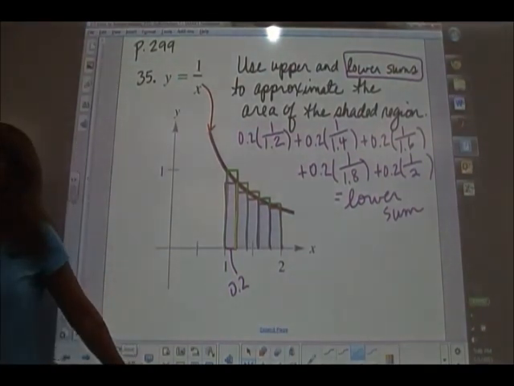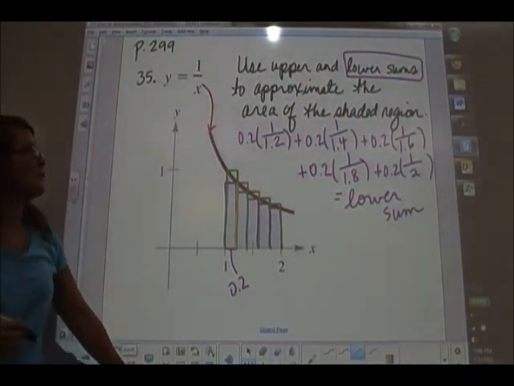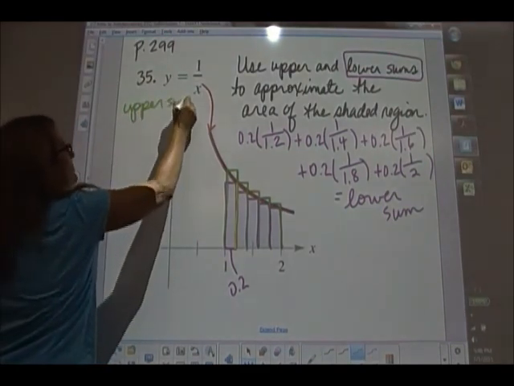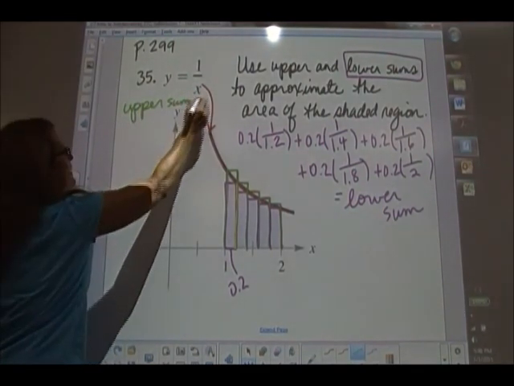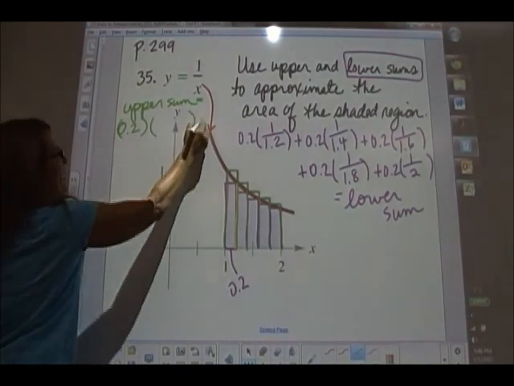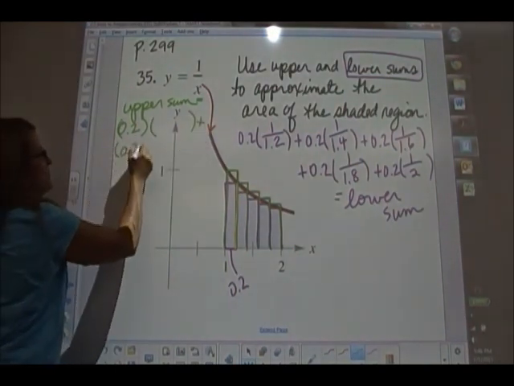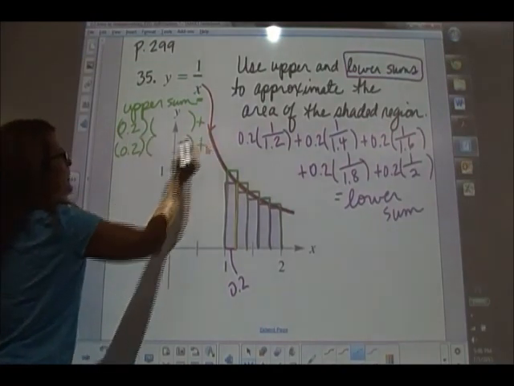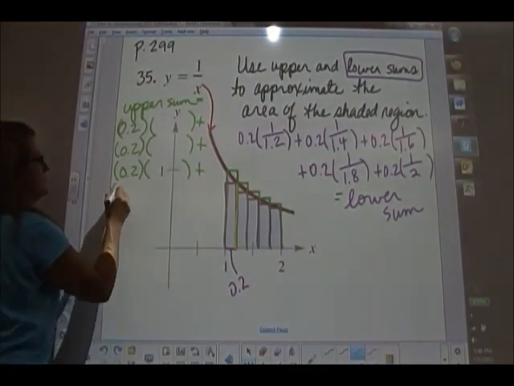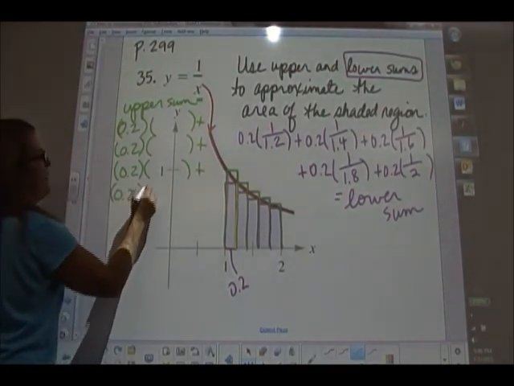Okay? So for the upper sum, we're kind of going to do the same thing. For the upper sum, we'll still take 0.2 times a height, and we'll do this 5 times. 0.2 being the constant width of every rectangle. And I need 5 of them.